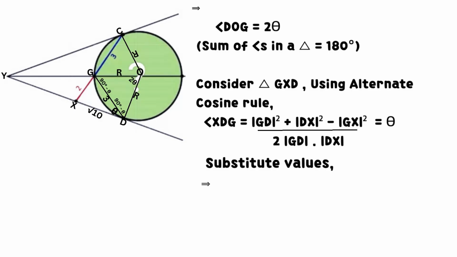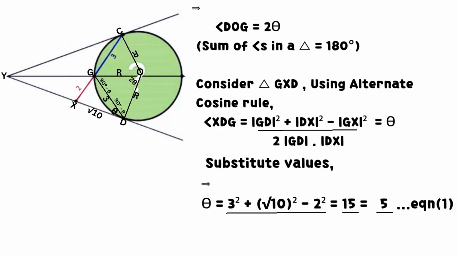Substitute values. This implies that cos theta equals the sum of 3 squared and the square root of 10 squared, minus 2 squared, all divided by 2 times 3 multiplied by the square root of 10. Simplify to get 5 divided by 2 times the square root of 10. We call it equation 1.